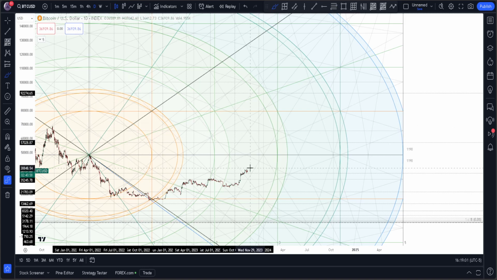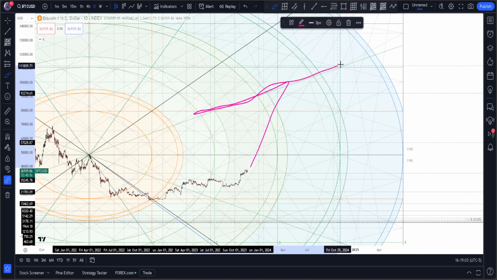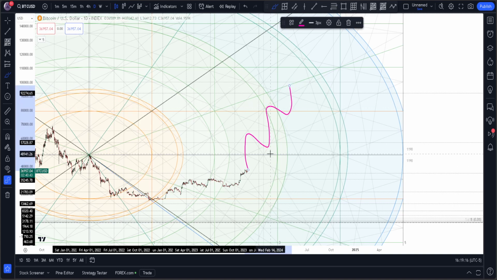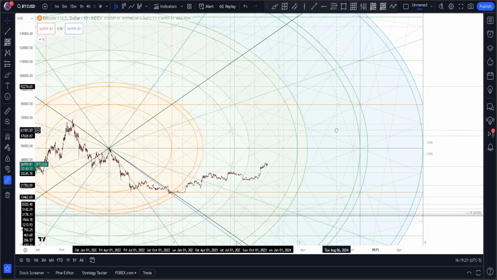You want to see price eventually get to this major angle within the Gann square. You want to see price get to this level within the Gann square, right? And the way it would do that is hopefully, in a perfect world, through the geometry of the Gann box, the ninths, right?